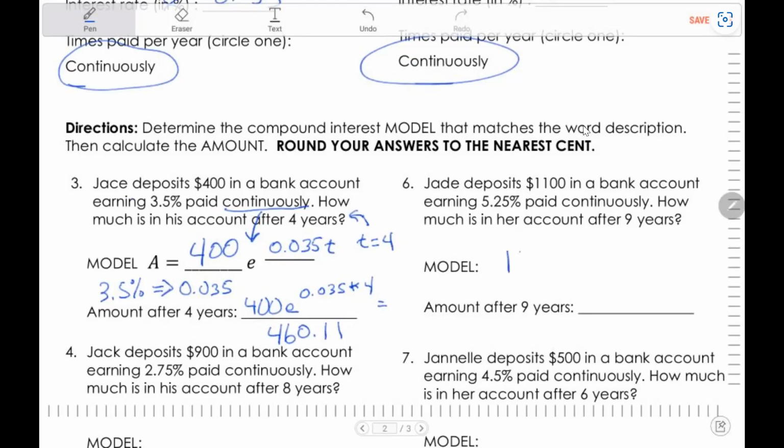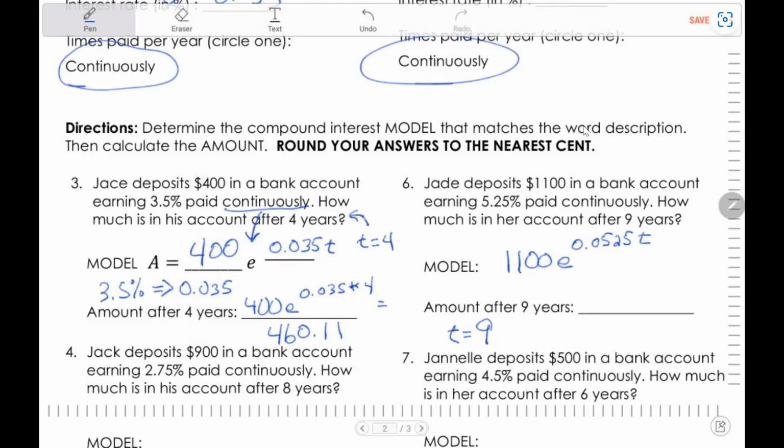This one's going to be 1100 E, and 5.25 is going to be 0.0525 T. That's our model. And then we want, what does this look like when T equals 9? I hope I'm doing this right, because I have no one here to check my work, and you guys know I make mistakes.